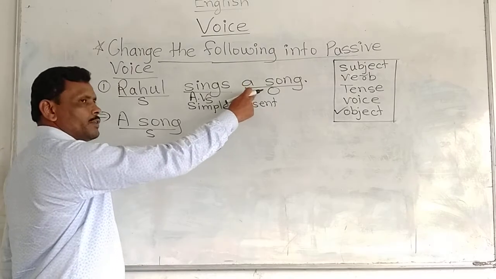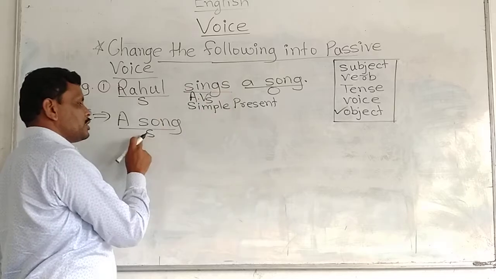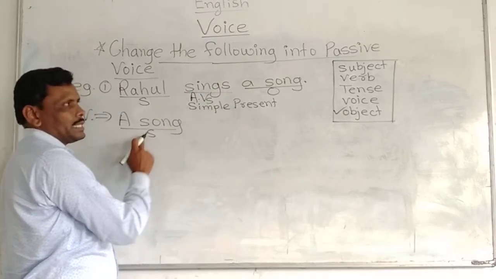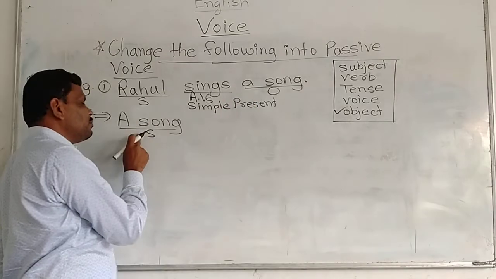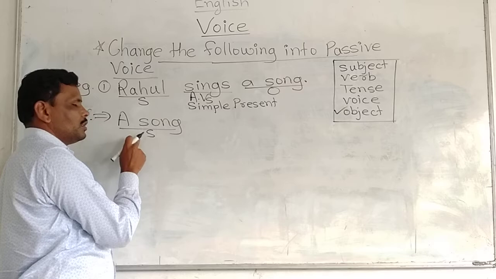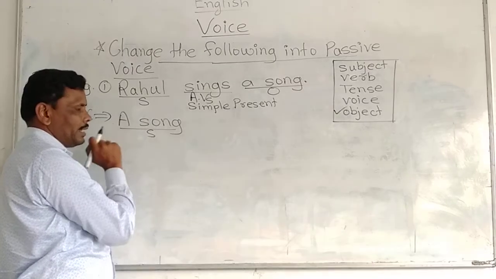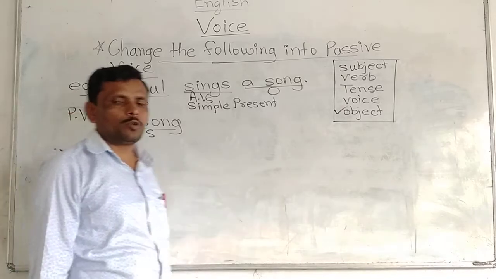This is the accusative case, but the accusative case is changed into the nominative case. This common noun, a song, is placed at first in the nominative case. Now this active form should be changed into passive form.